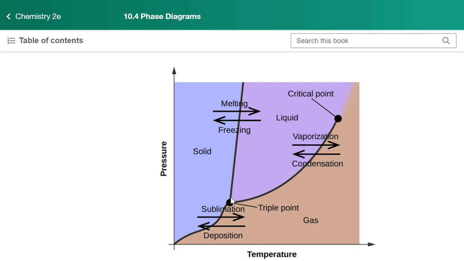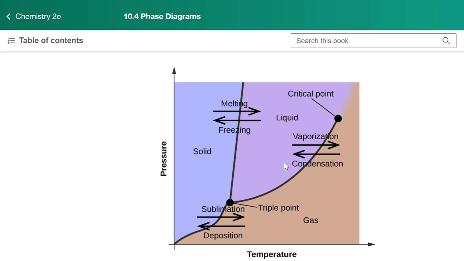And then if it's at a lower temperature, you might go from gas to solid by increasing pressure. At a higher temperature, go from gas to liquid by increasing the pressure.